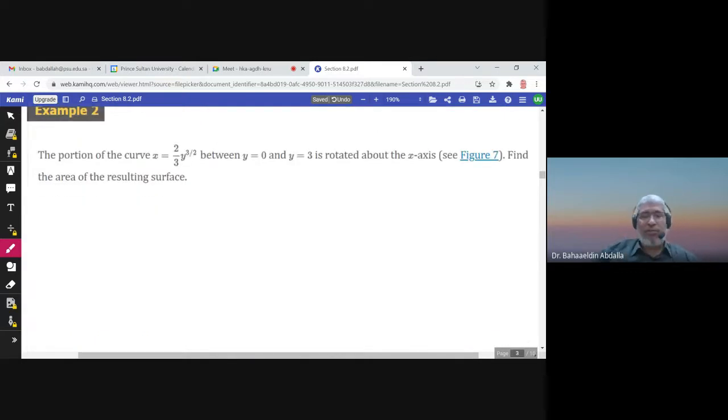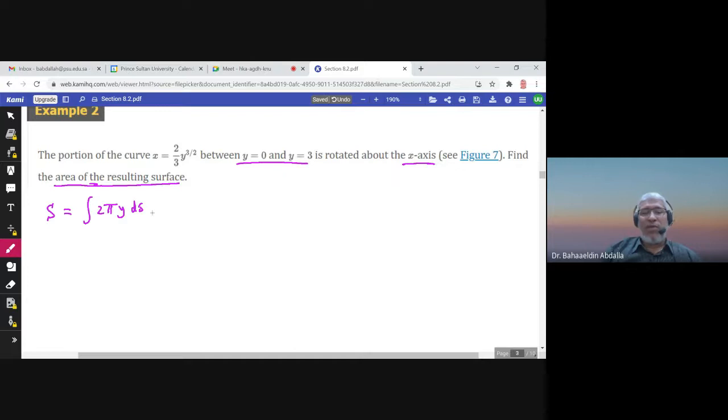Another question. The portion of the curve x equals, between y 0 and y 3, so the limits with respect to y are given, is rotated about the x-axis, and the question is the area of the resulting surface. So S, the surface area, is the integral of 2 pi. We are rotating about the x-axis, so the radius is y, 2 pi y ds.